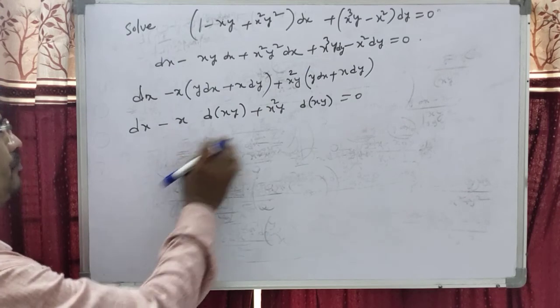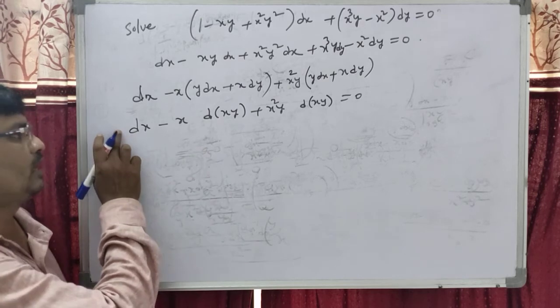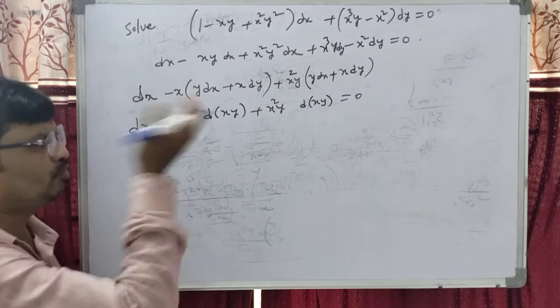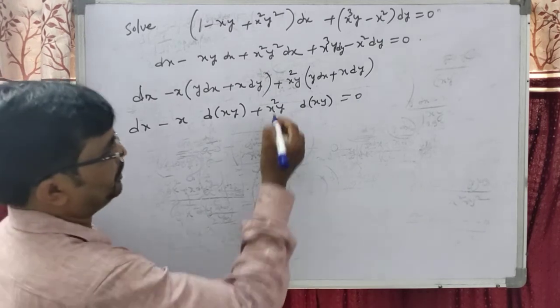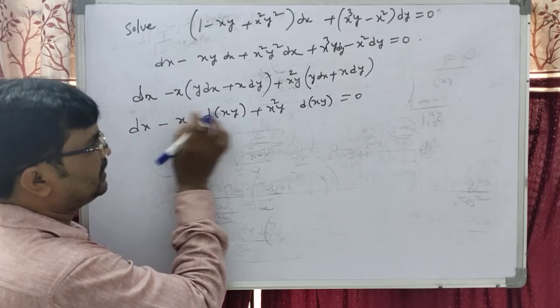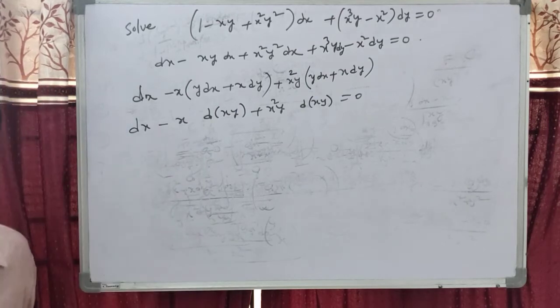Suppose we multiply with y: this is xy, this is x square y square, no problem at all. But then there is y dx, how can we find it? Suppose we multiply with xy, then xy is t, and this is dt, but y is still there. How to evaluate the y dx?